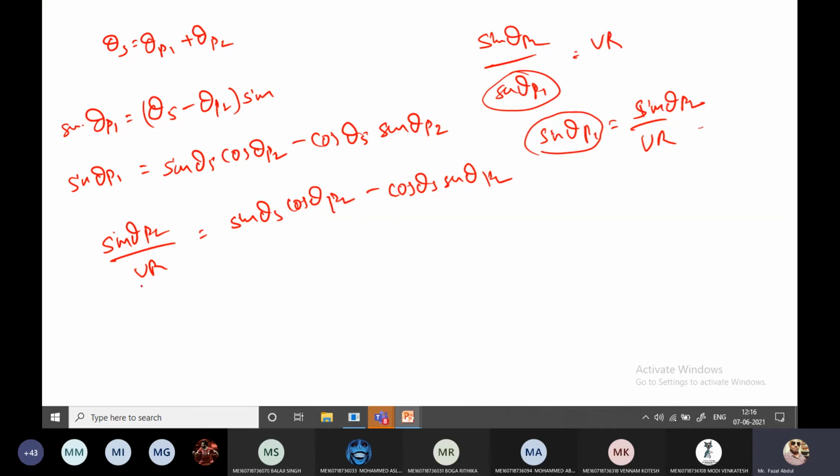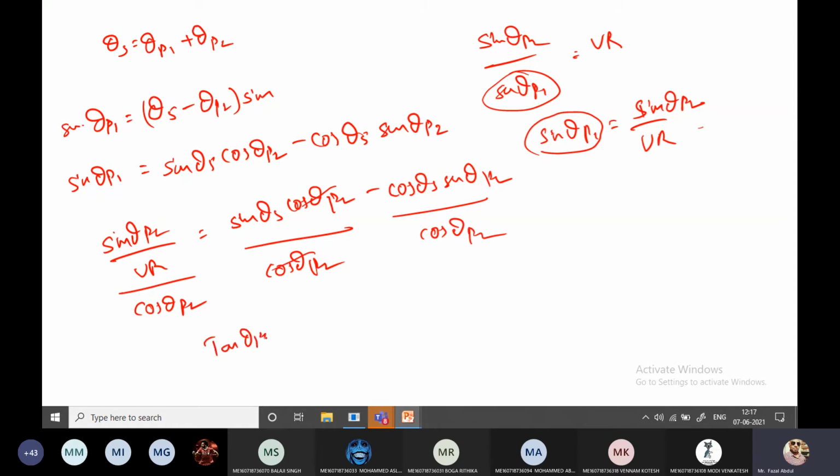So here I am dividing both sides by cos theta p2, so cos theta p2 gets cancelled. This becomes tan theta p2 by VR is equal to sine theta s minus cos theta s into tan theta p2.